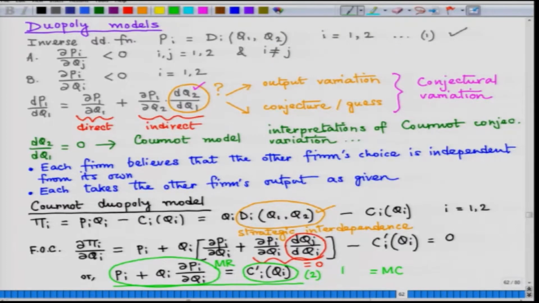So, we get back the MR equal to MC condition that we have seen in the case of monopoly. So, the first order condition that we have derived is the same first order condition that we had in the case of a pure monopoly, right. So, basically the Cournot duopoly model boils down to a pure monopoly model.